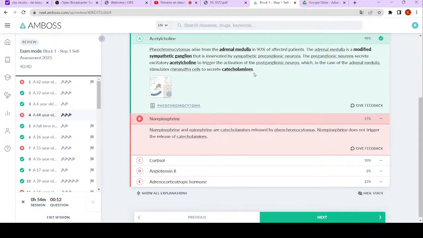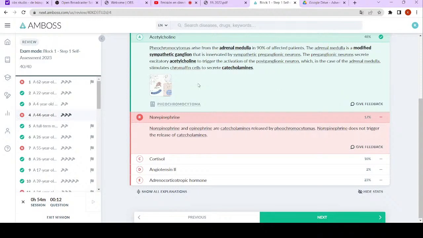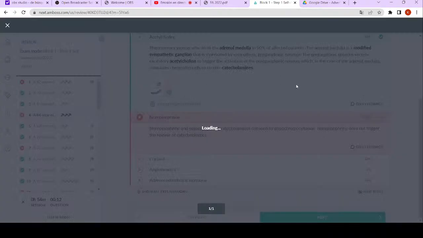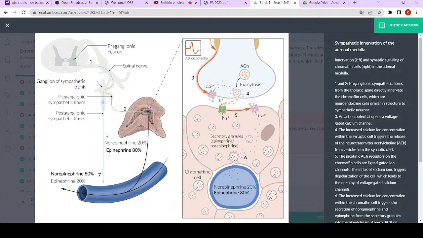We reviewed that. It was basically because acetylcholine acts in the adrenal medulla and stimulates the chromaffin cells to secrete catecholamines. And here we're going to see the picture of how it happens. So basically, here is the acetylcholine.